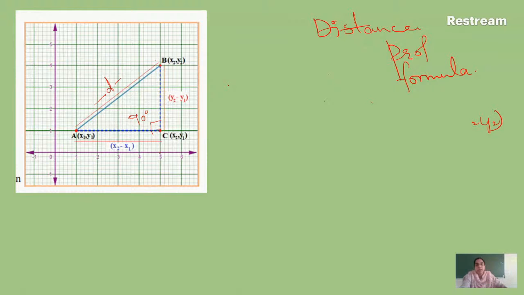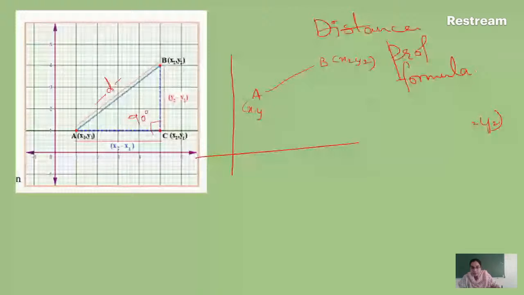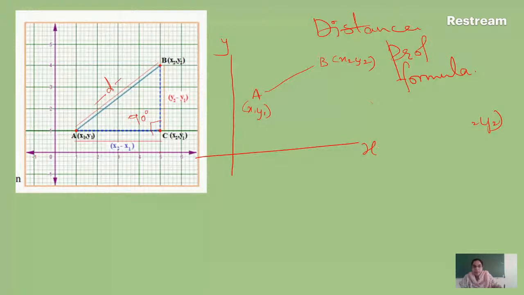To get it more clear, let's take this one. Suppose in a Cartesian plane, this is your y-axis and this is your x-axis.